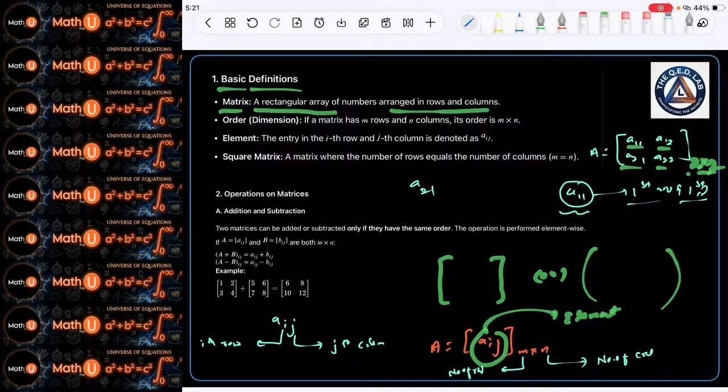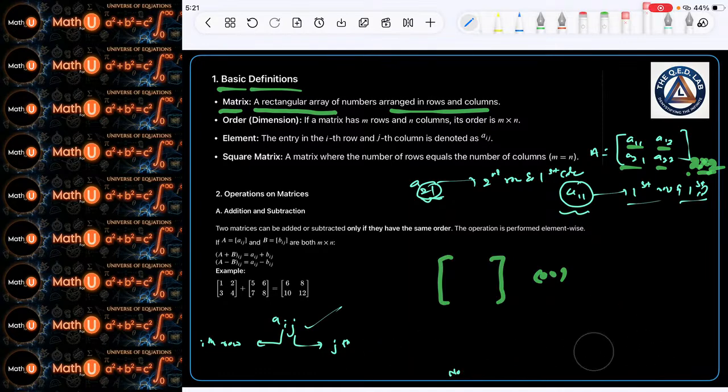Similarly, a21 means this element is located at the second row and first column. This is the meaning of 21. The location of an element is indicated by this ij. Just remember these basic things.